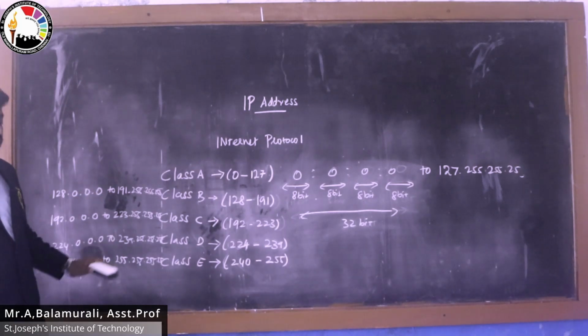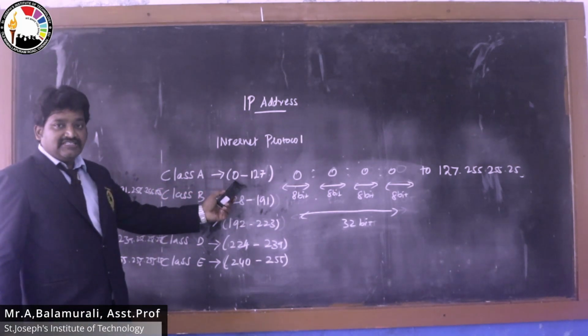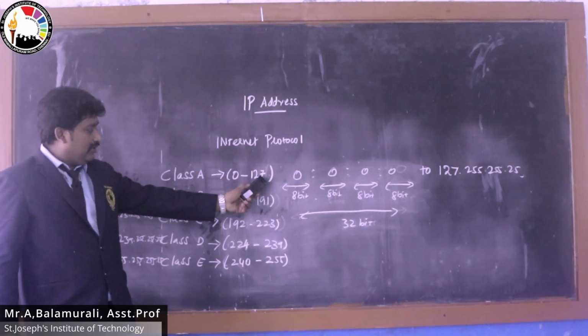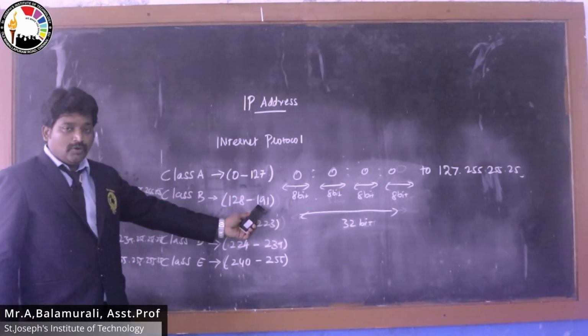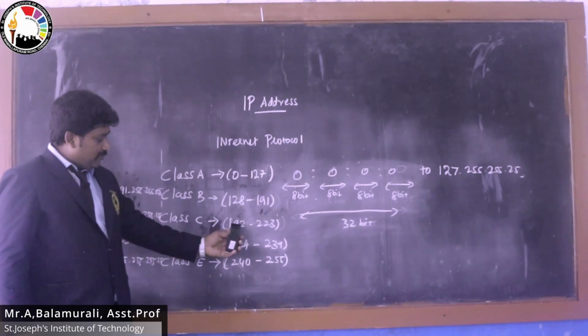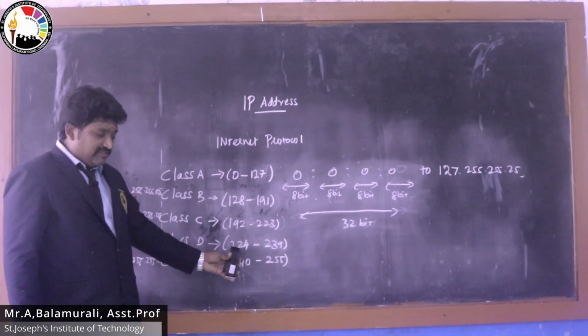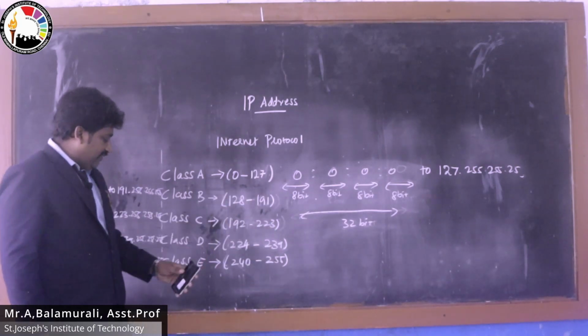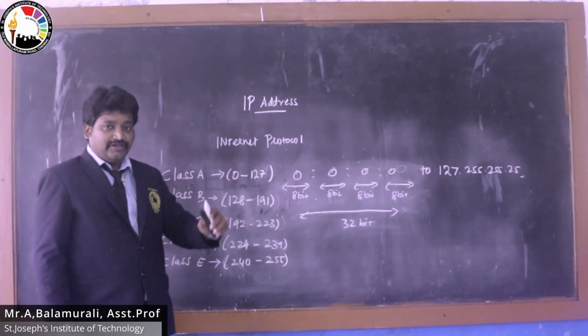So this is the overall range of each and every class. Class A starts from 0 and ends at 127. Class B starts from 128 and ends at 191. Class C starts from 192 and ends at 223. Class D starts from 224 and ends at 239. And Class E starts from 240 and ends at 255.